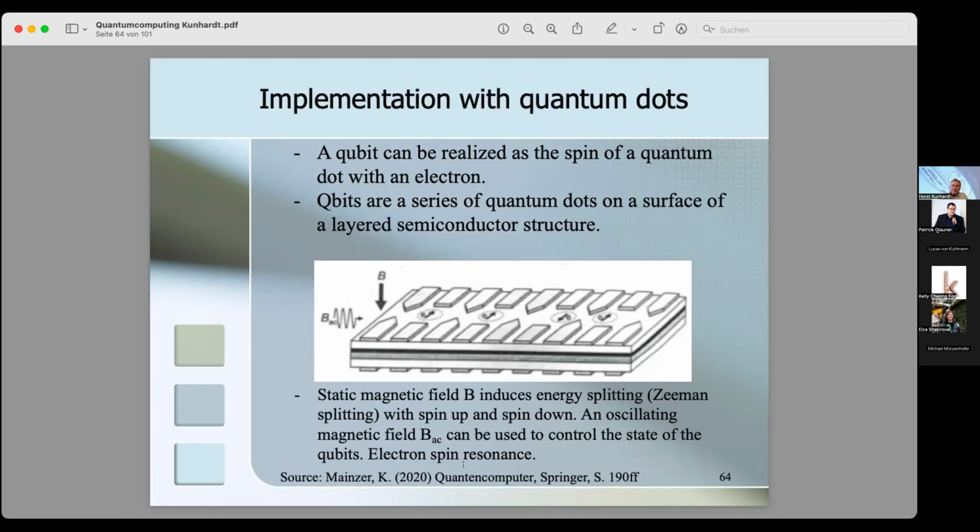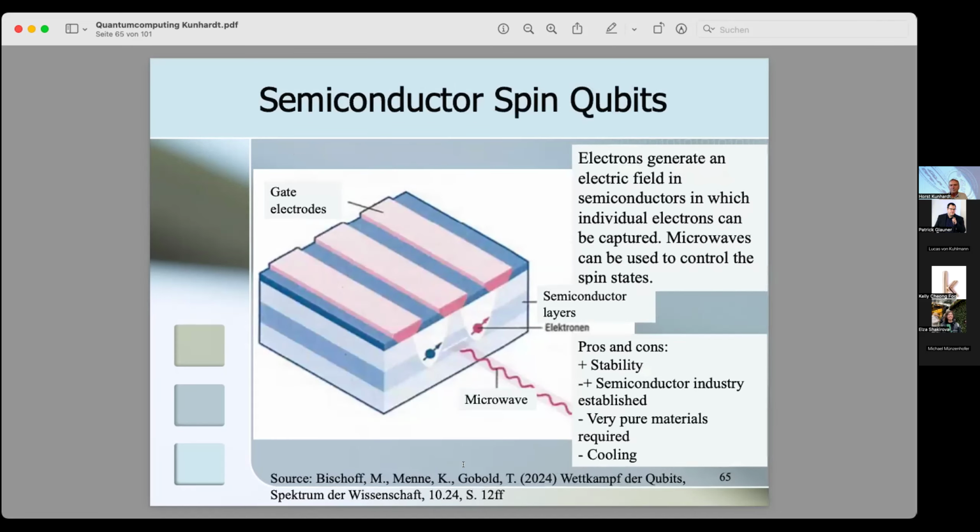We have a static magnetic field that causes energy splitting, Zeeman splitting, another very famous name in the world of quantum computing, and the magnetic field can switch spin up or spin down, and it can be used as an electron spin resonance system. Here a summary on the semiconductor spin qubits technology.